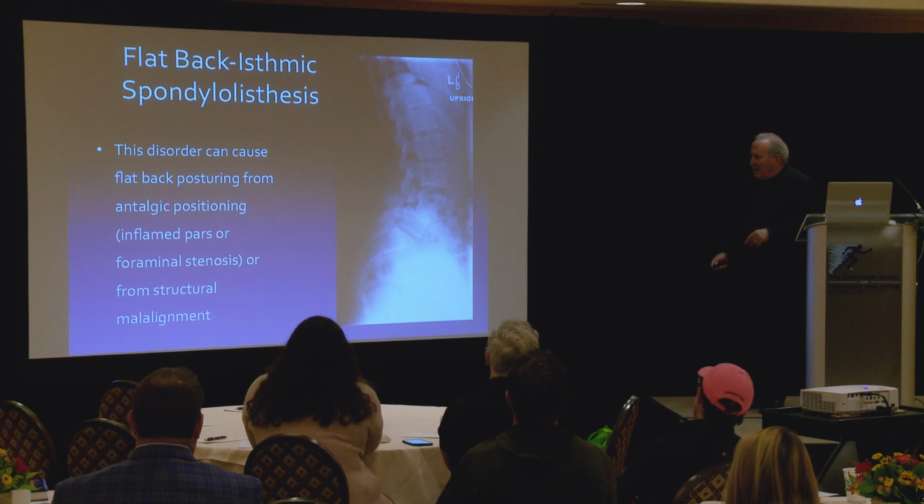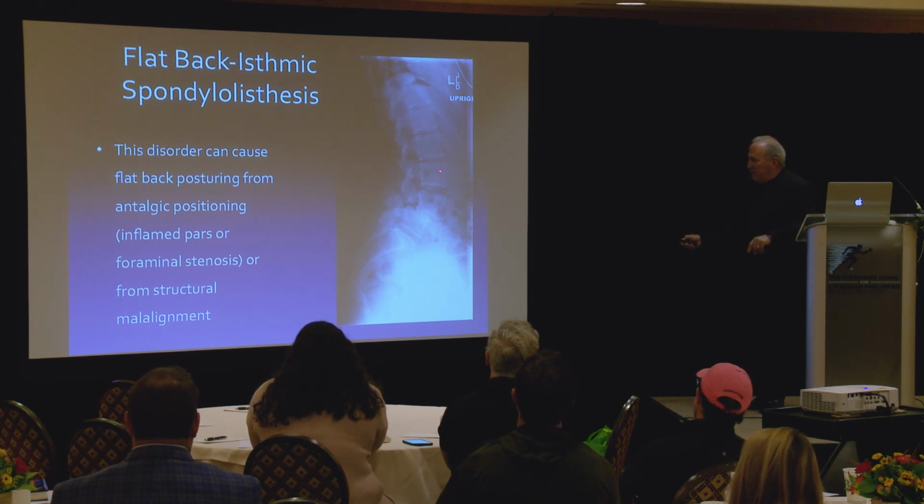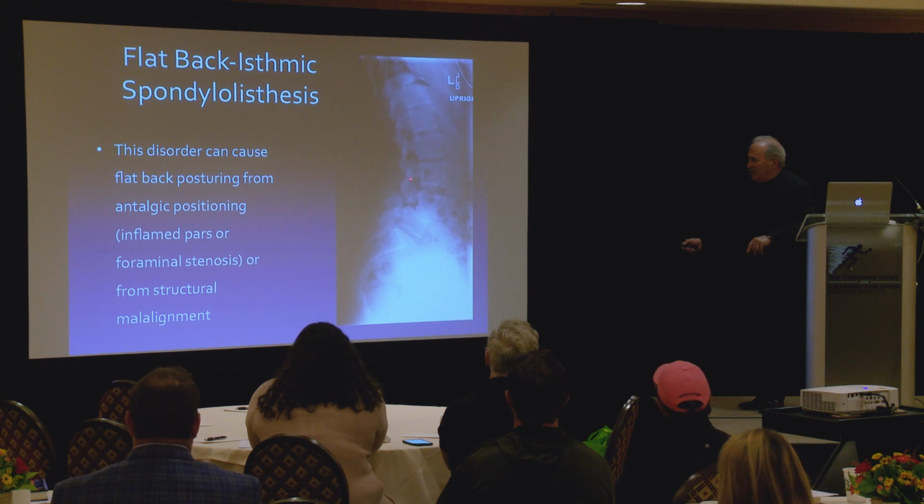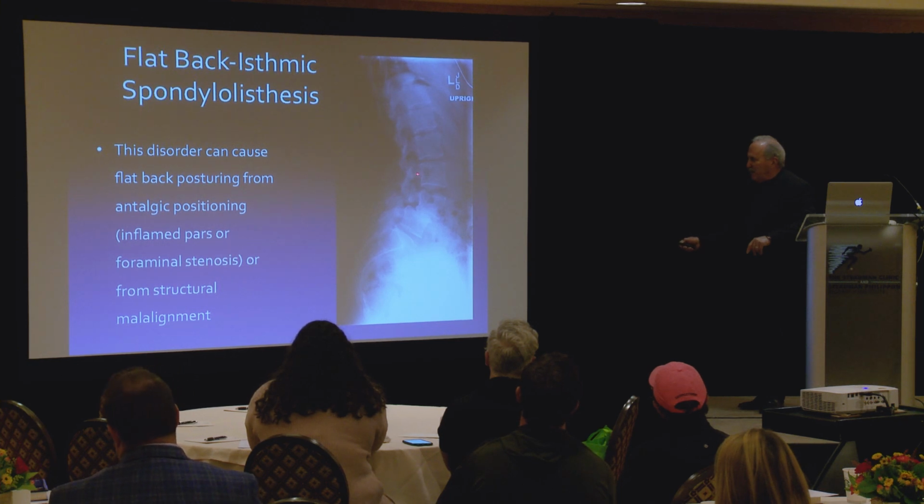Okay, isthmic spondylolisthesis. So here's the vertebra. Here's the back of the vertebra. This is what I call the doorstop. What do we call this area? The pars interarticularis. And it goes down to the inferior facet and keeps this vertebra from sliding forward on this one. But is there a problem here? There is. There's a break.